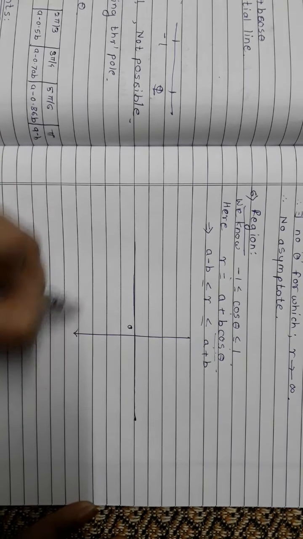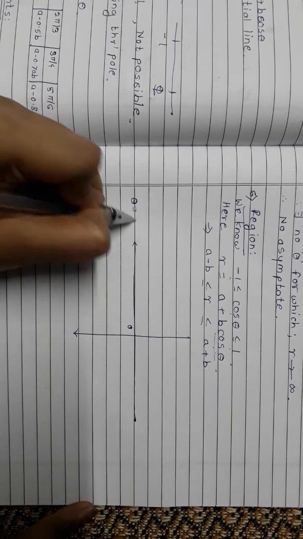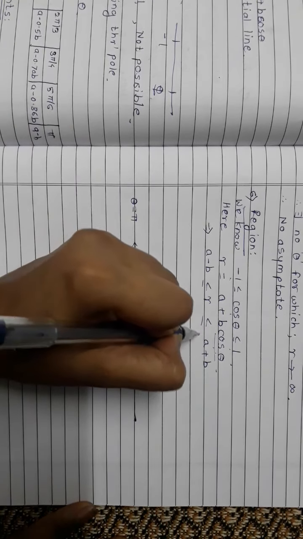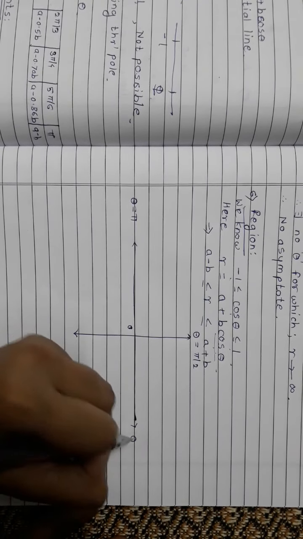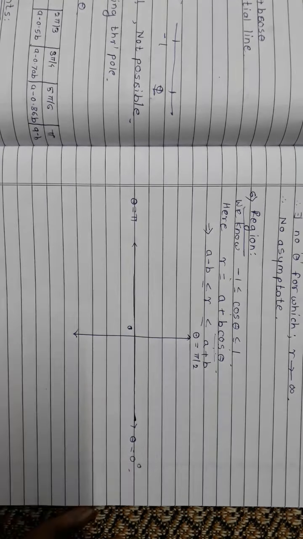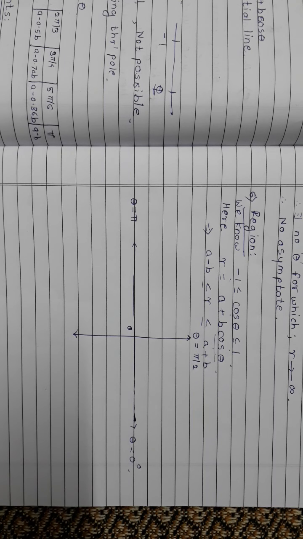This is 0, this is theta equal to pi, this is theta equal to pi by 2, and this is theta equal to 0 degree, right? So let's go back to the table one more time and then we will draw the curve, right?